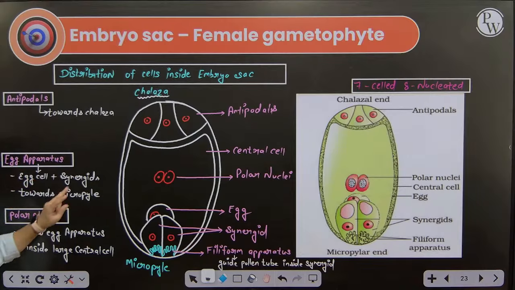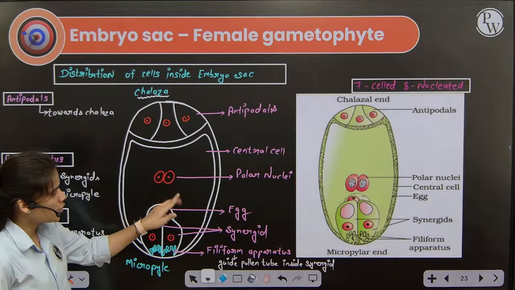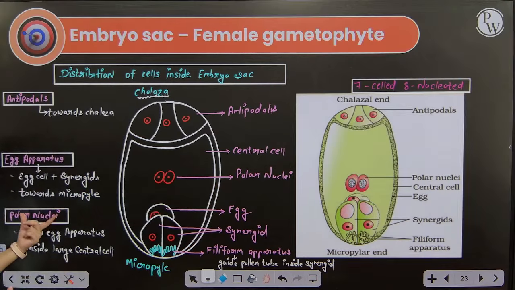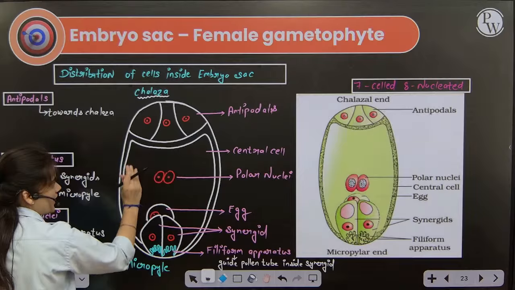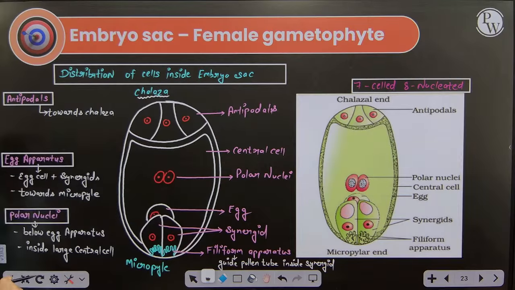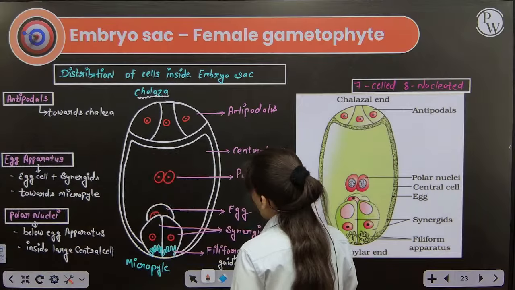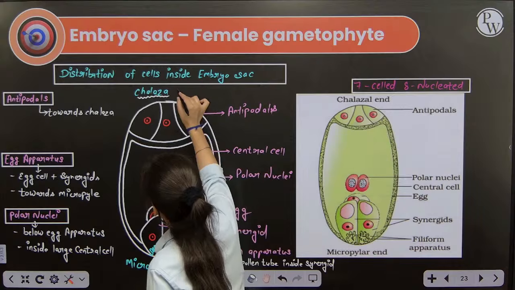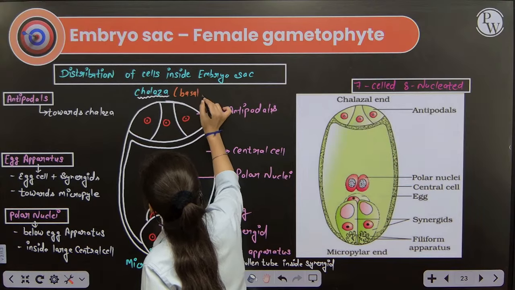Now, what about those nuclei? These two nuclei are known as polar nuclei. Polar nuclei are present inside the large cell, and that large cell is known as the central cell. Can you please tell me, out of chalaza and micropyle, which is the basal part? Chalaza is the basal part.